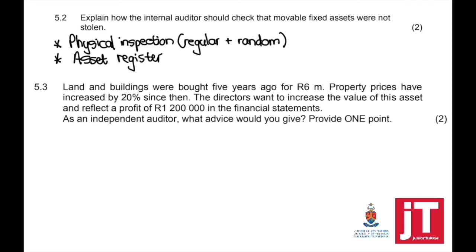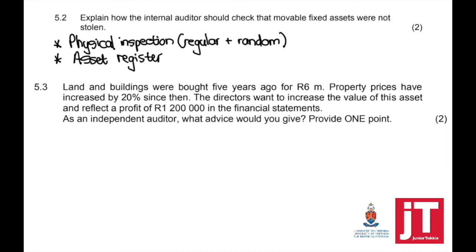Question number 3. Land and buildings were bought 5 years ago for 6 million rand. Property prices have increased by 20% since then. The directors want to increase the value of this asset and reflect a profit of 1.2 million in the financial statements. As an independent auditor, what advice would you provide, 1 point?